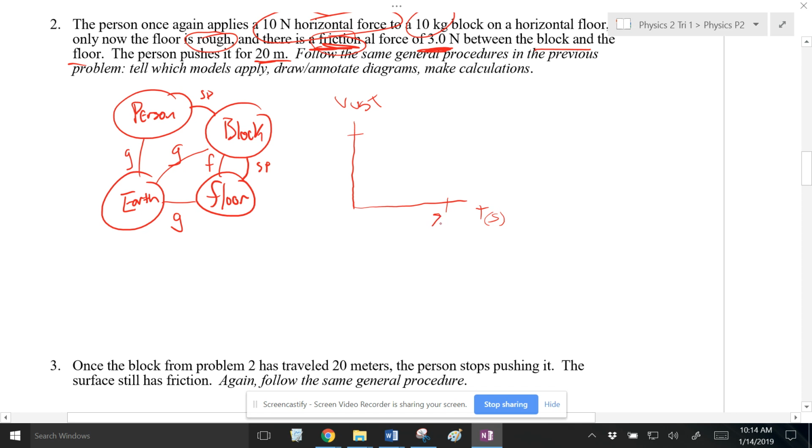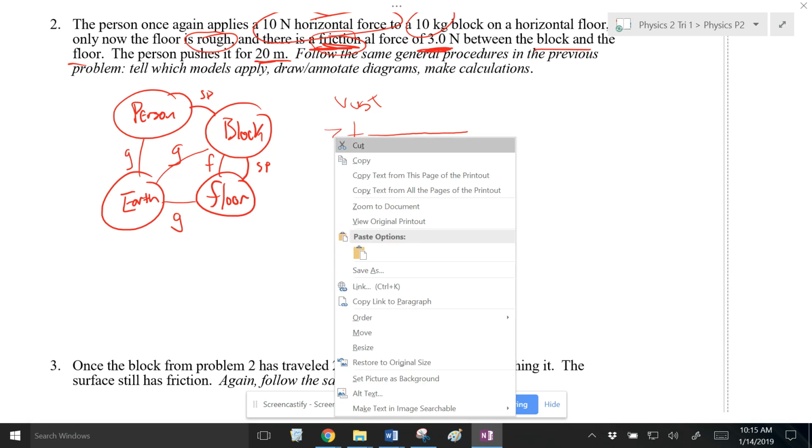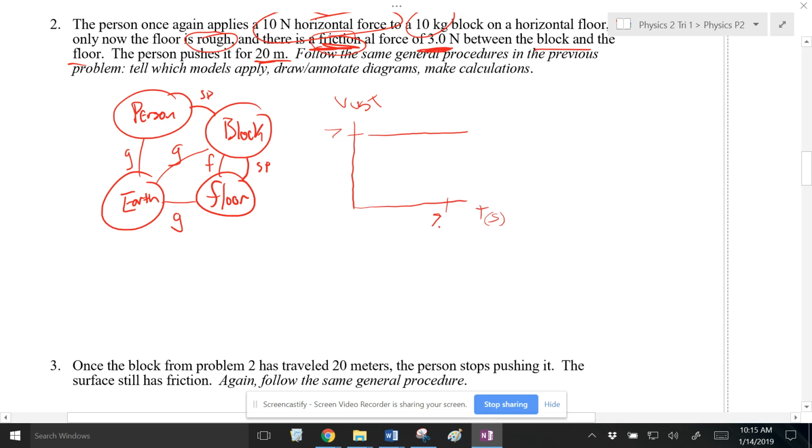So what do you think the graph shape is going to look like? Questions or concerns for Spence based on that?